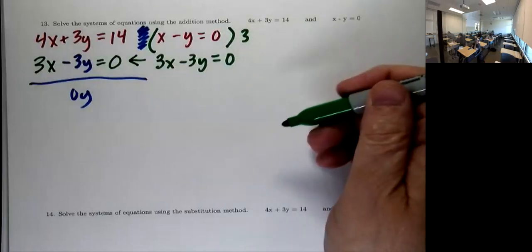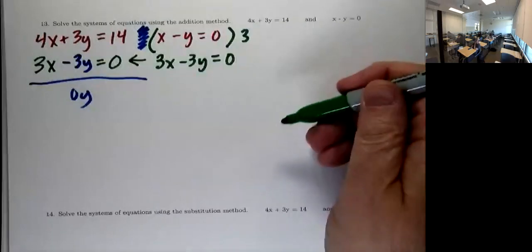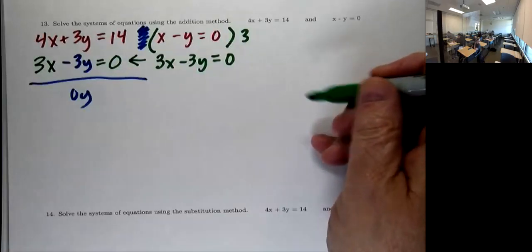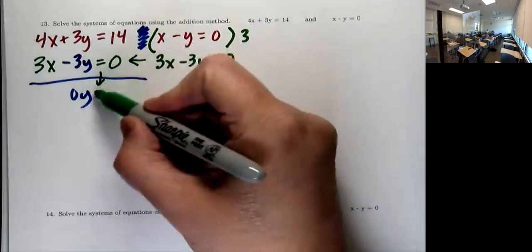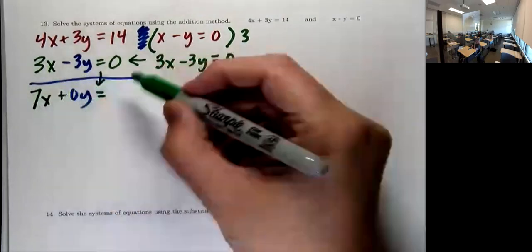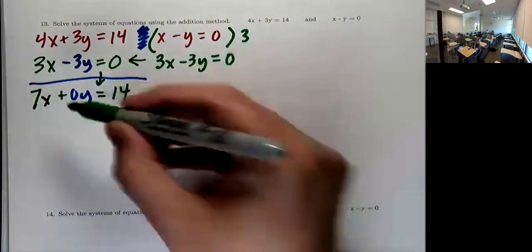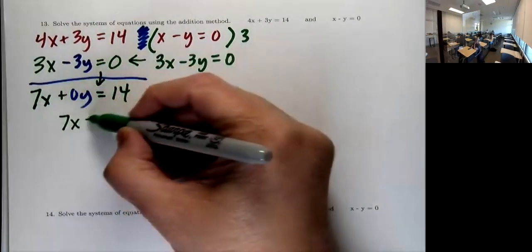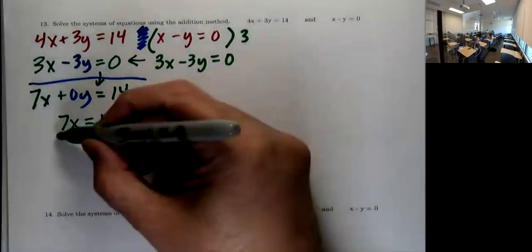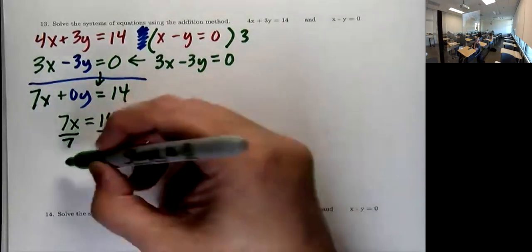It just so happens in this case that it goes to zero. And now when I add vertically, I have 7x plus 0y equals 14. So 7x equals 14. Divide by 7, and I get x equals 2.